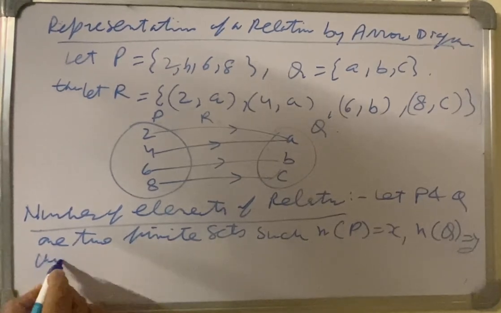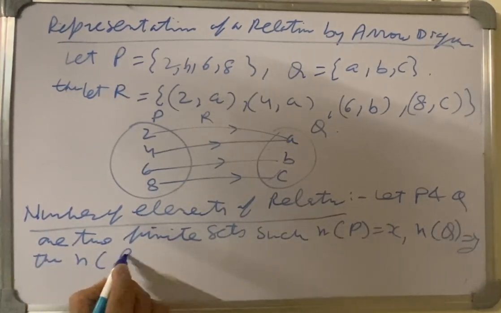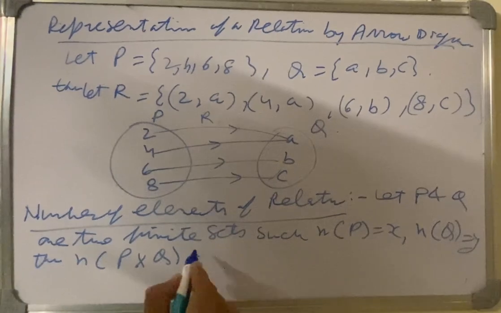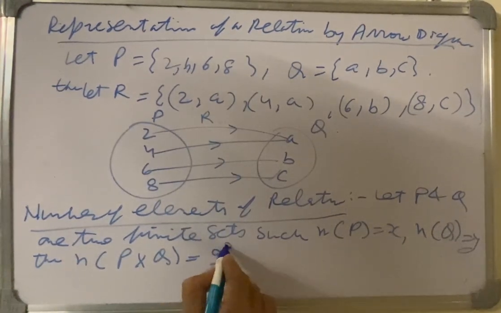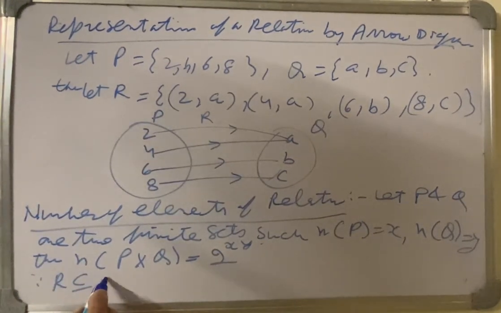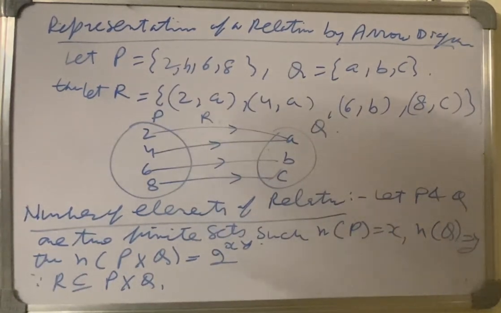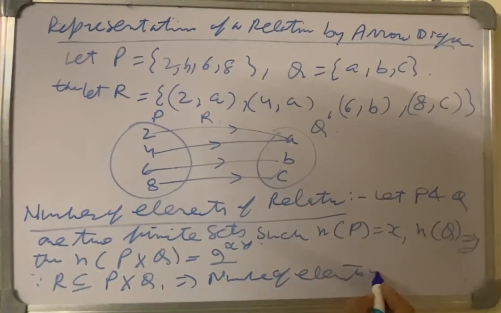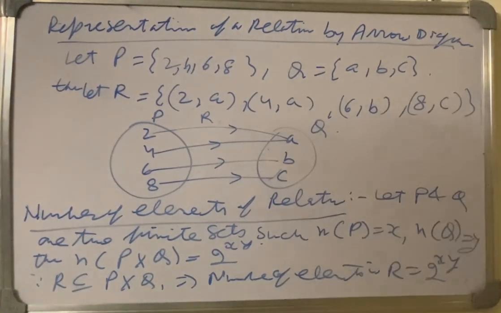Then the number of elements in the Cartesian product of P and Q is xy. Since R is a subset of the Cartesian product of P and Q, therefore the number of elements in R is 2 raised to the power xy.